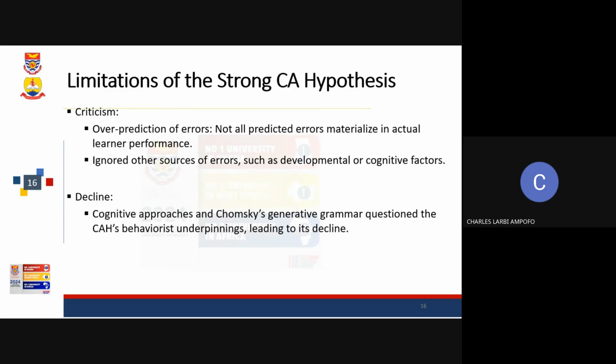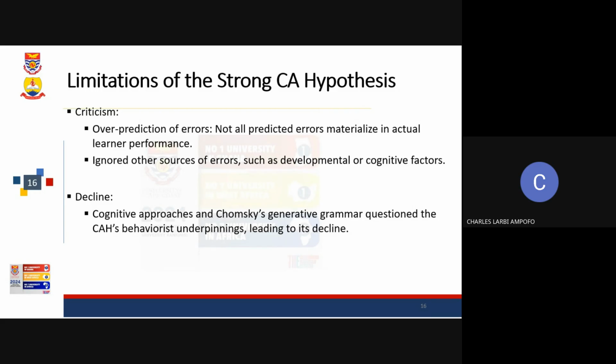With the strong version of contrastive analysis, they just predict errors. But the criticism is that not all errors that are predicted actually occur. That is, learners of the L2 do not actually make those errors. It's just like saying this person will make this error, so you write it down.